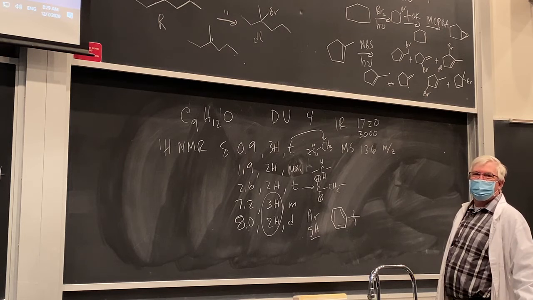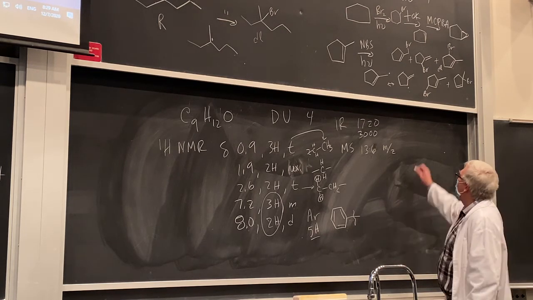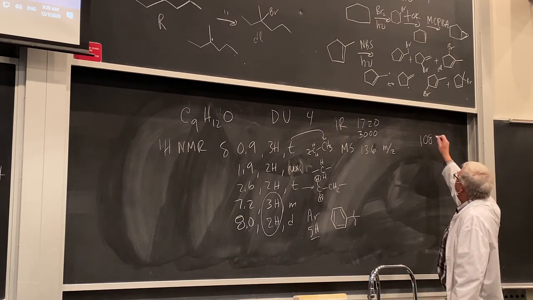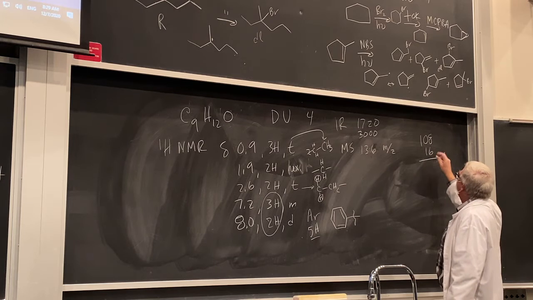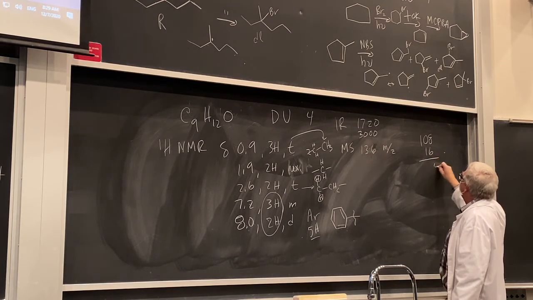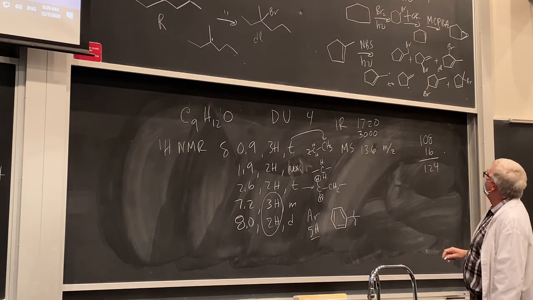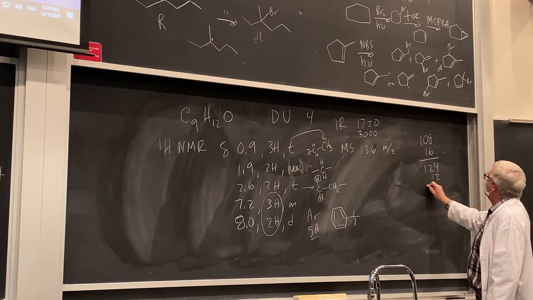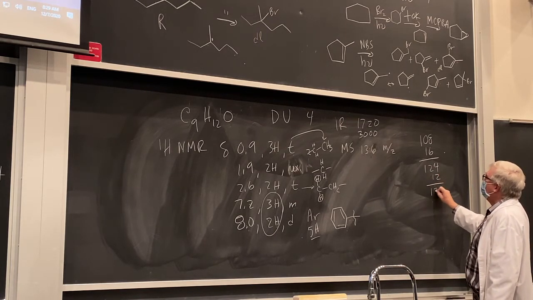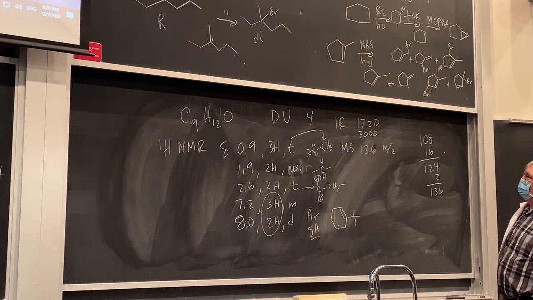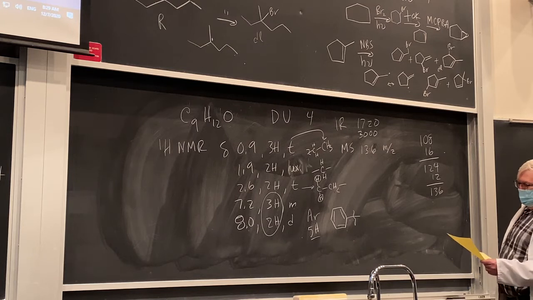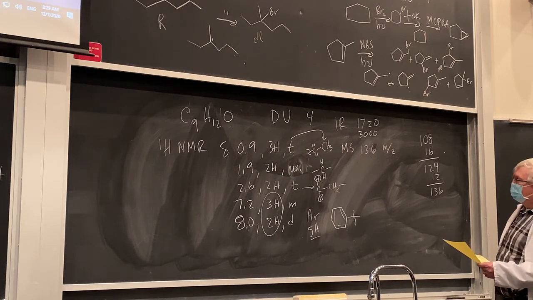What's 9 times 12? That's, what, 108? 108 and an oxygen 16. So we're already up to what? 124. And then how many? 12? Okay. 136. Okay. I think we're okay here.